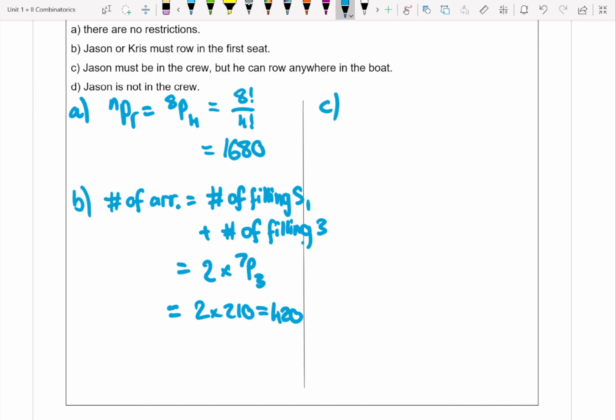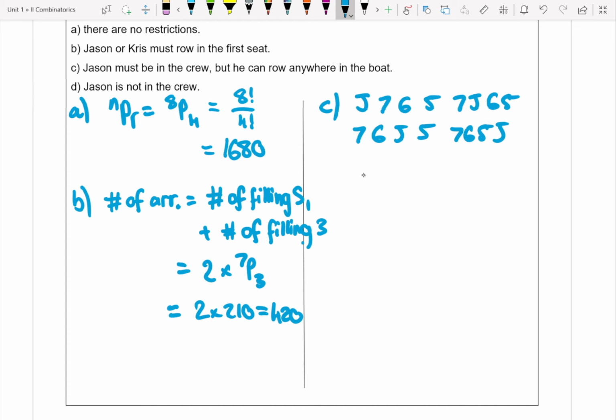So for part C, Jason must be in the crew, but he can row anywhere on the boat. So we have to consider all of the ways that Jason is in the boat. It could be Jason in the first seat, then 7, then 6, then 5 options left, or we could do 7, 6, J, 5, or 7, J, 6, 5, or 7, 6, 5, J. So we're placing Jason around the boat, and then adding up all these possibilities.